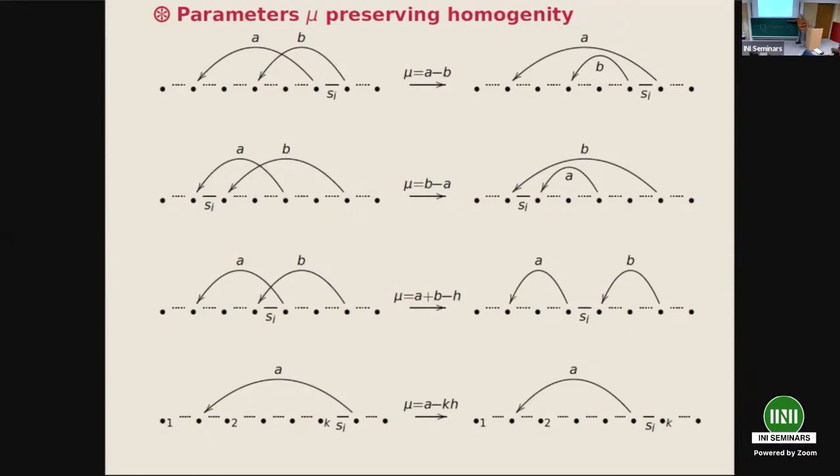Because this is upper triangular, at each entry you have a parameter corresponding to arcs. And if you switch these arcs, you can compute what is the parameter mu in this Hecke operator. And if you switch A with B, you have to take this mu. On the other hand, if you switch targets, this is opposite.